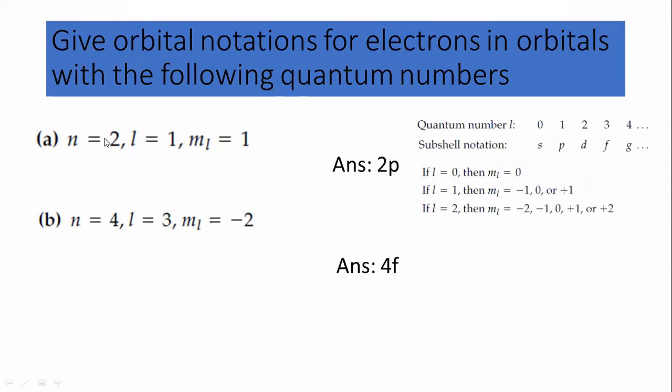Very good. So when the value of L is 1, the only orientations are -1, 0, and +1. If I put -2 here, then of course this is not the proper quantum number for this notation. It is wrongly written.